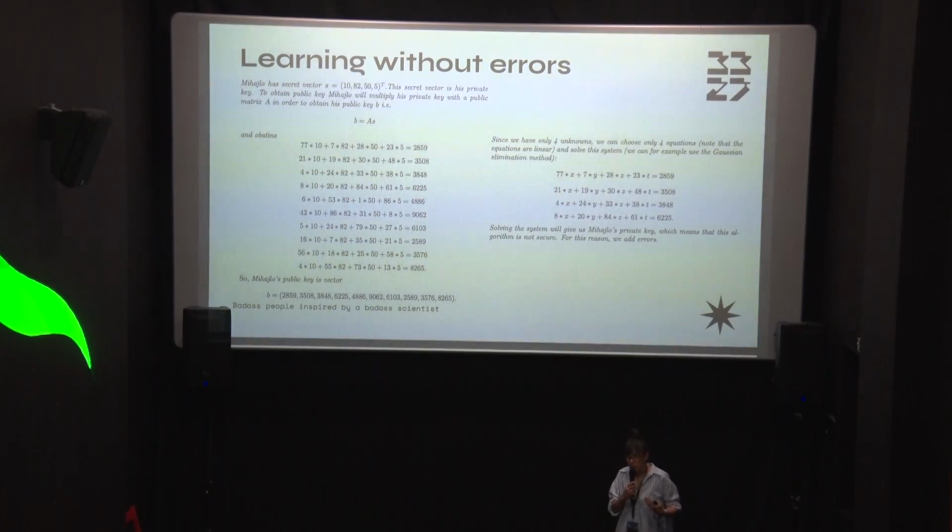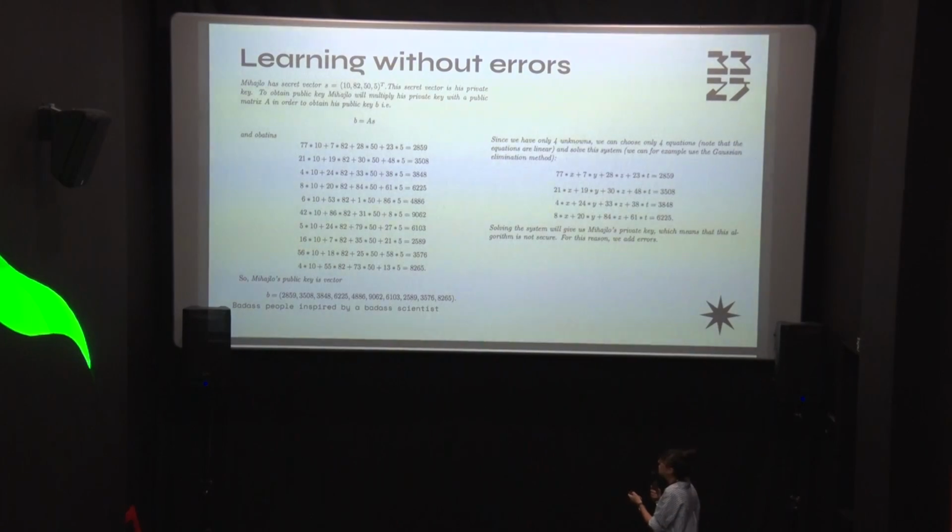I think the best way to understand something is to use it on an example. So, we will start with an example. And here in this example, we have Mihailo. And Mihailo has some secret vector. And this secret vector will be Mihailo's private key, okay? In order to obtain the public key from this private key, Mihailo will multiply this public matrix A with his private key.